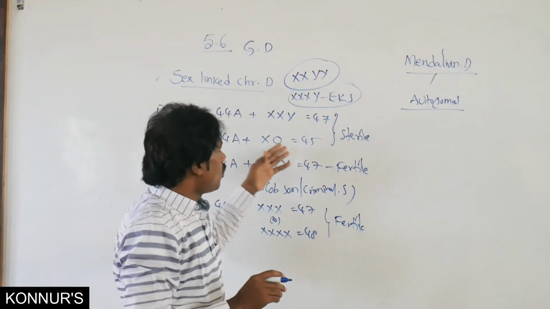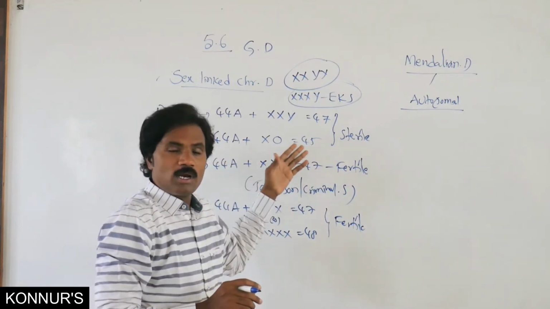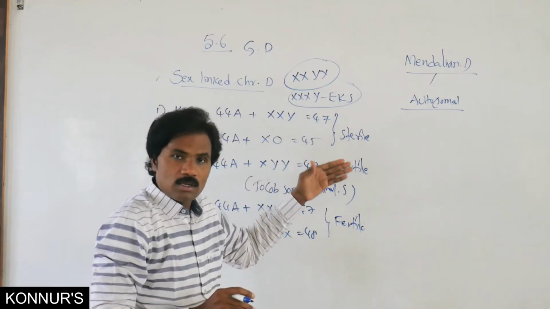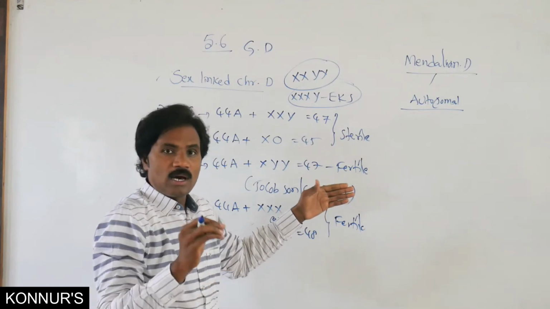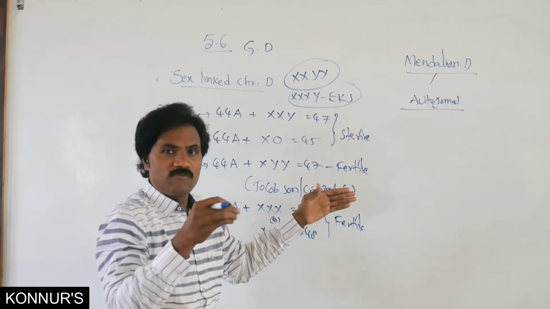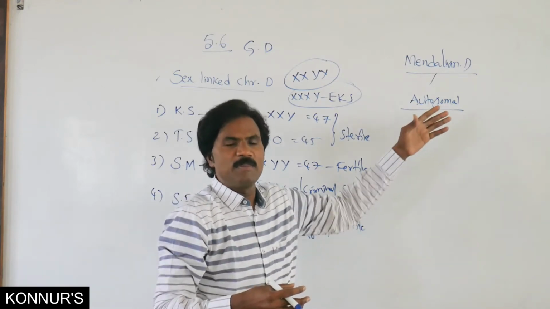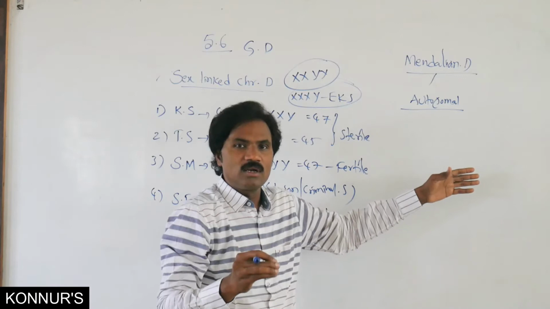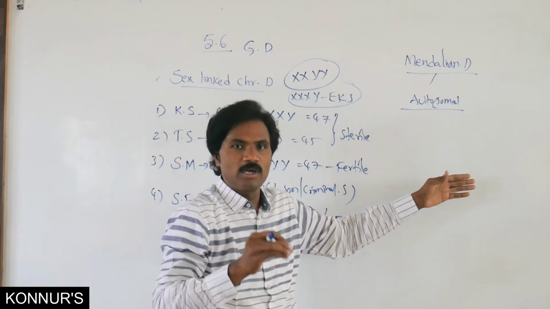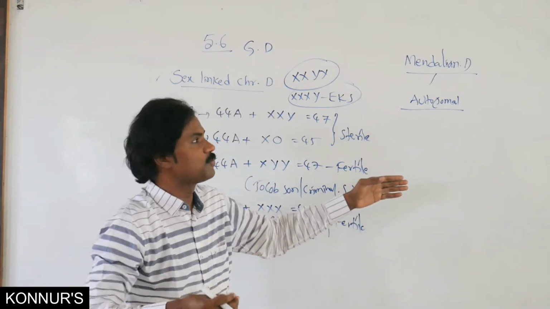So all these chromosomal disorders, either autosomal or X-linked, normally may not be passed from parents to children. Only in very rare cases is there a chance. But with Mendelian disorders, there is frequently a chance of transfer from parents to young ones, parents to offspring.